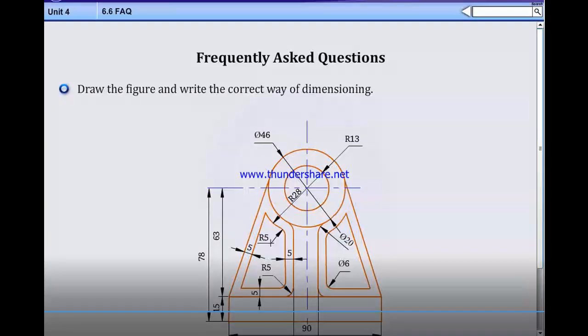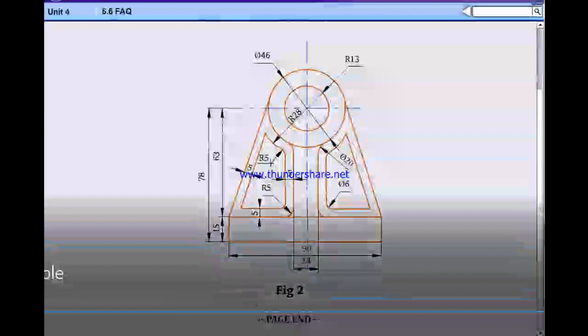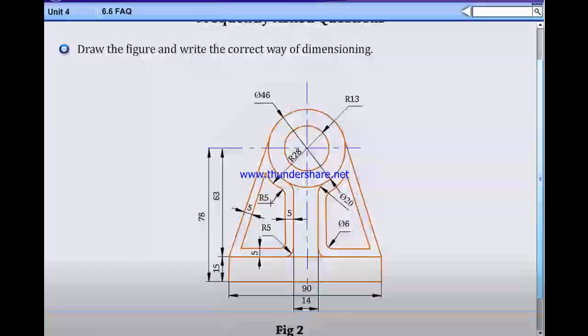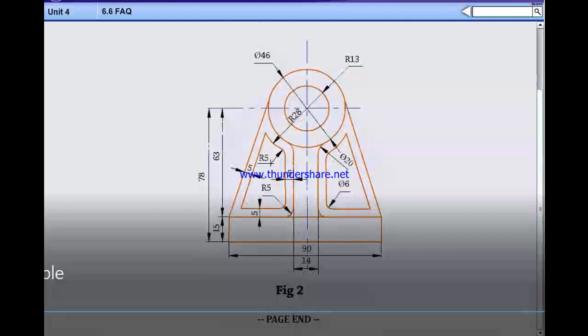Similarly, you first draw this one and then place the dimensions like this, which is the correct way.